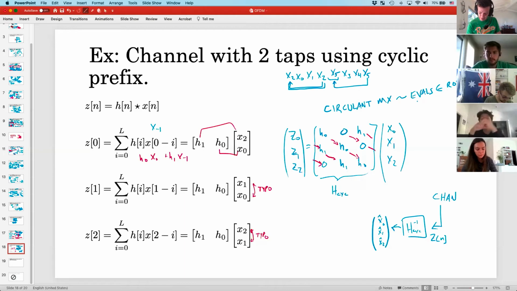But I think that's one of the cool things, is that if you have these eigenvalues that are given by your, oh, so sorry, that's not actually true. The eigenvalues are the Z transform of the rows. That's it.